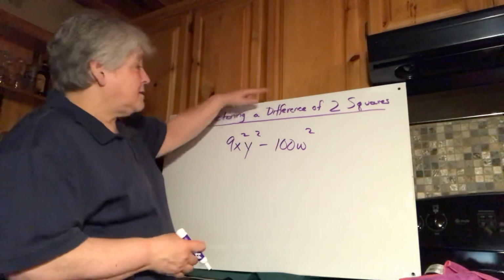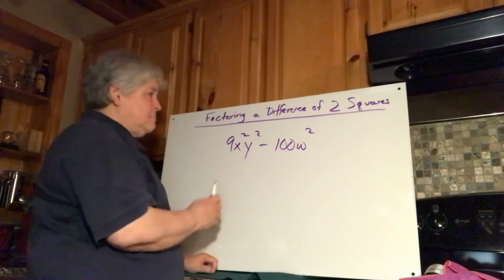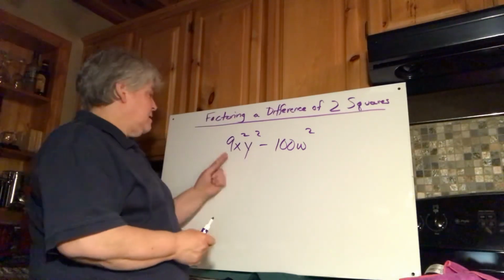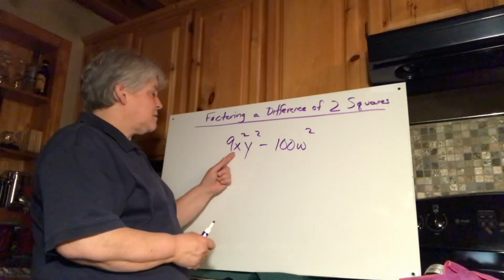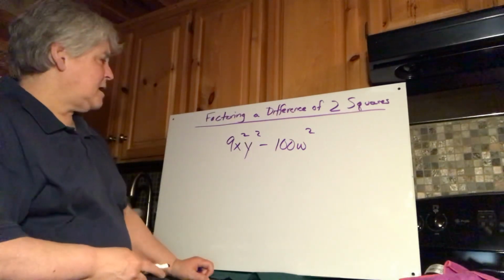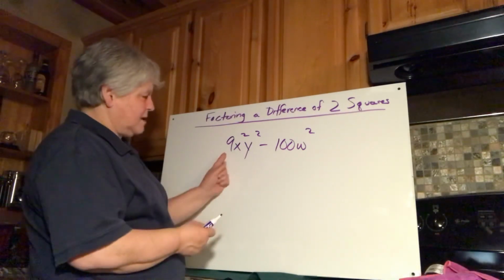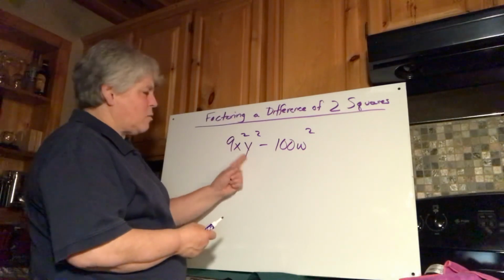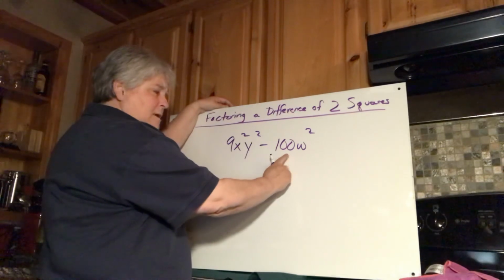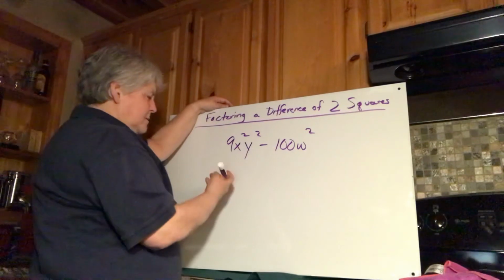So now I see maybe it's a difference of two squares. So I see a different sign, check. And I've got to see if these are both perfect squares. So basically, can you think of something times itself that gives you that? Think 3xy. 3xy times 3xy gives me 9x squared y squared. And is that a perfect square? I think a 10w times a 10w would give me that.